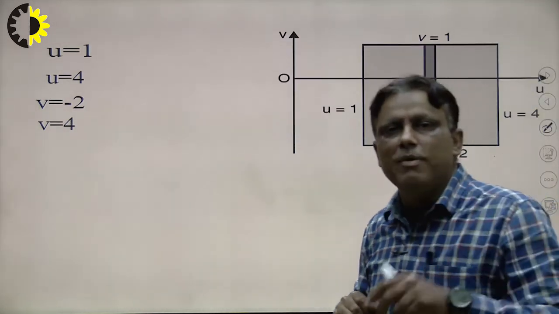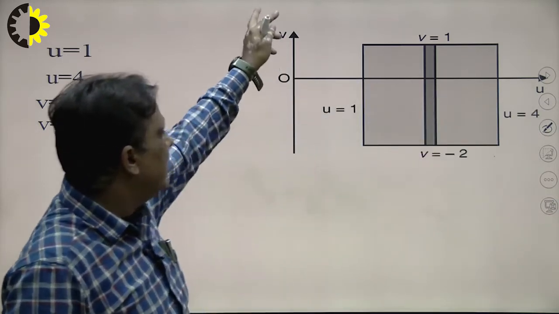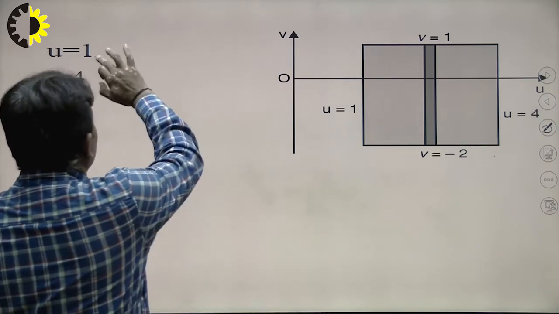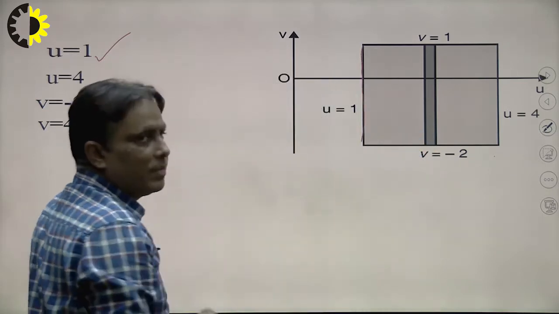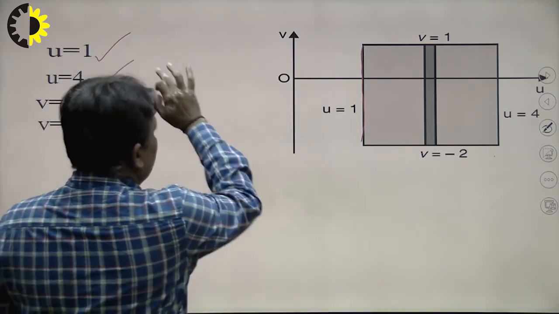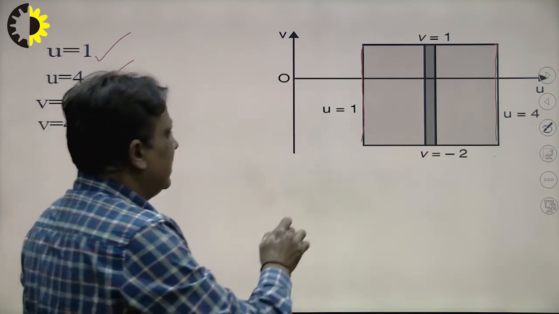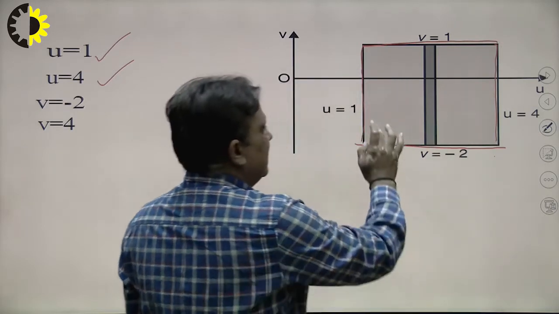This is the uv plane, this is the axis of u and this is the axis of v. First of all I draw the line u is equal to 1, and the line u is equal to 4, and v is equal to minus 2 is this line and v is equal to 1 is this line. So that means this is the region.